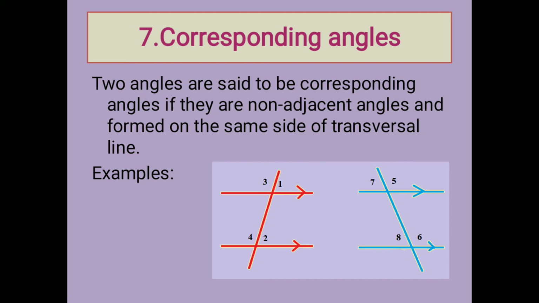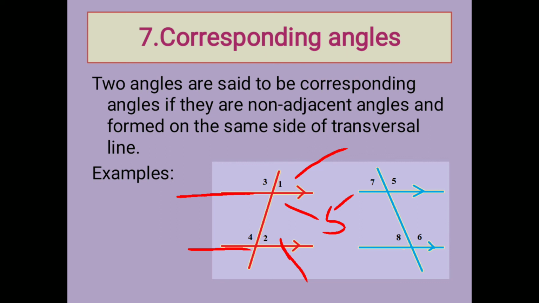Let me make it clear. This line and this line, these two are parallel to each other. If we write this angle as 1, this angle as 5, and this angle as 2, these three angles are continuous to each other. They come turn by turn.